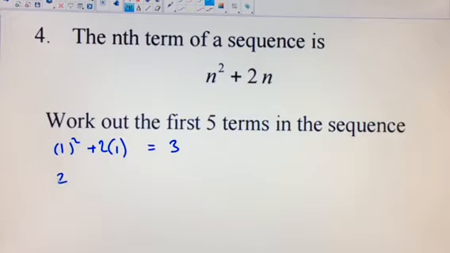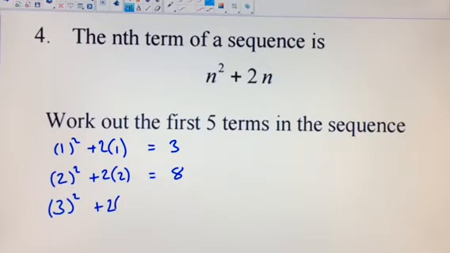Then to find the second term, I'm using 2 as my version for n. That gives me 4 plus 4, which is 8. And I'll do one more. 3 squared plus 2 lots of 3 gives me 9 plus 6, which is 15, and so on. Okay, so that's how you'd answer that question.